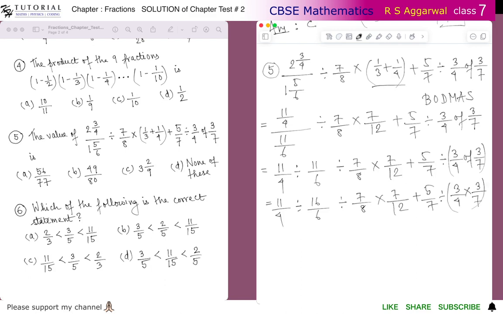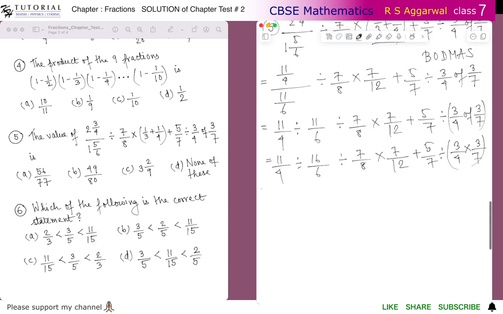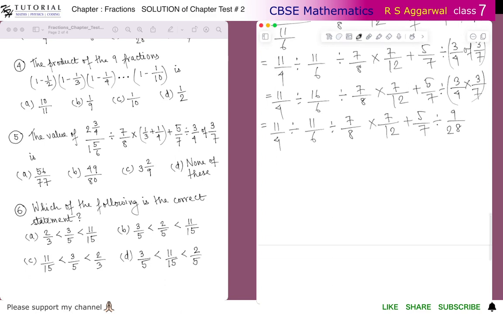So now this becomes 11 by 4 divided by 11 by 6 divided by 7 by 8 multiplied by 7 by 12 plus 5 by 7 divided by, if we evaluate the of operator, it becomes 9 by 28. Okay. So finally we are left with division and multiplication operators. And also there is a plus.